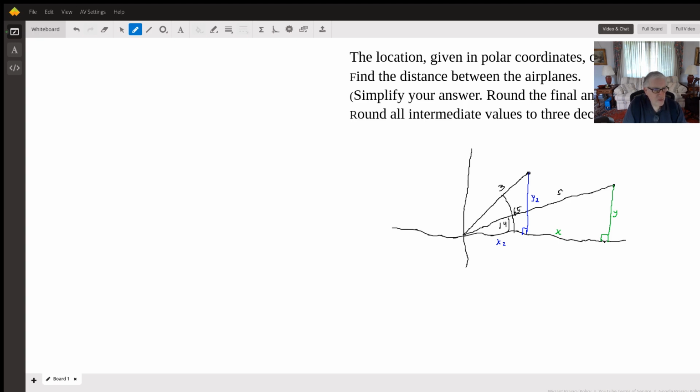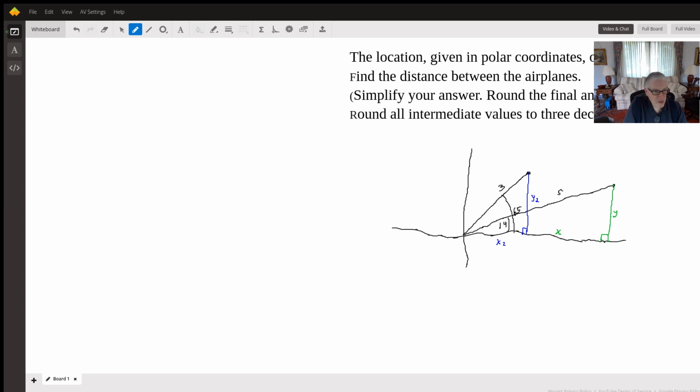So y1 is going to be equal to 3 times the sine of, sorry, not 45, 65. Copied that wrong. 65. Yeah. 3 sine 65. So I get 2.719.